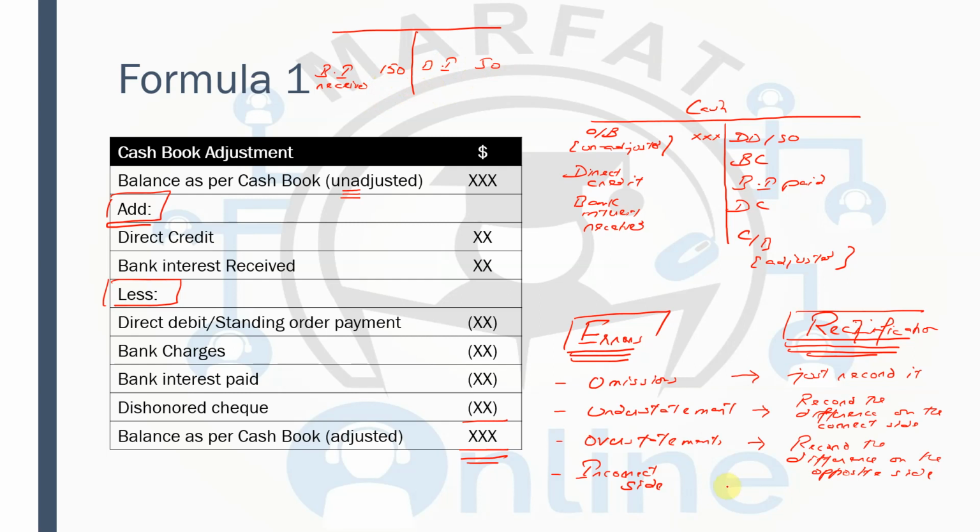And when you have the error which is the incorrect side, now what you need to do is to record the figure on the correct side with double amount.